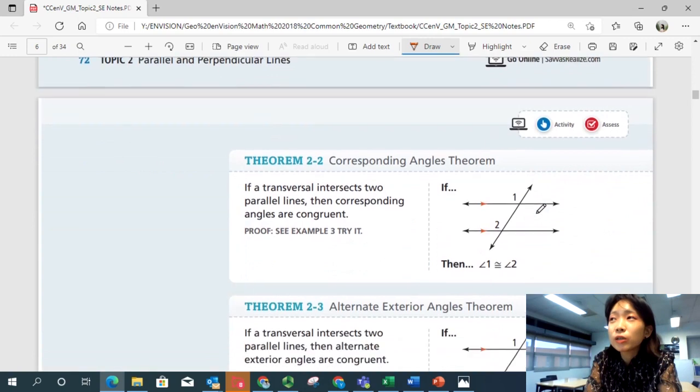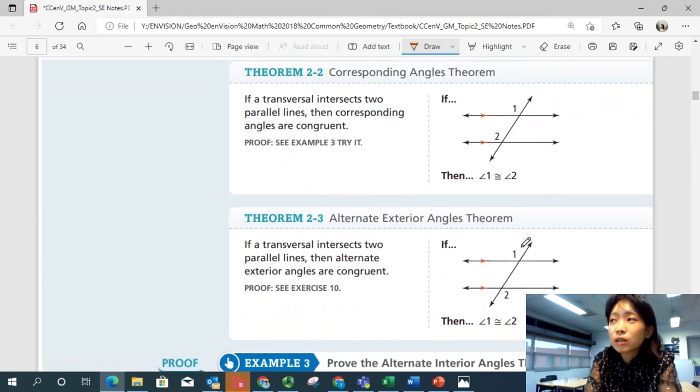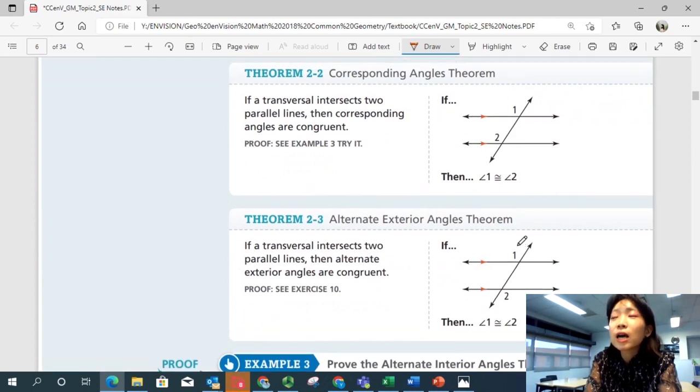And theorem 2-2, corresponding angle theorem. Corresponding angles are also congruent. The alternate interior angles theorem says that alternating exterior angles are also congruent. But what do you have to know? You need to satisfy the hypothesis only if you have a transversal that goes through two parallel lines.